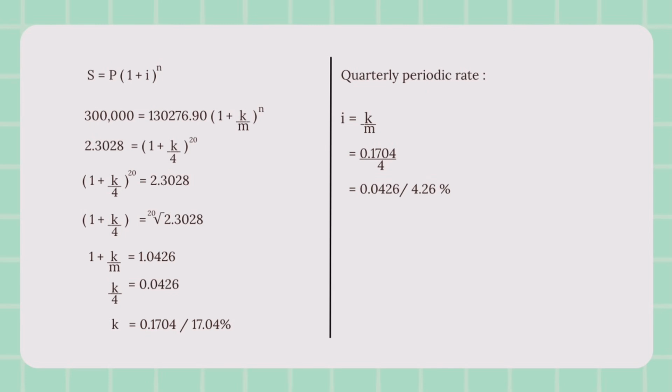Finally, multiplying by 4 gives the nominal annual interest rate of 17.04%. So, the conclusion is the nominal annual interest rate is 17.04% and the quarterly periodic rate is 4.26%.